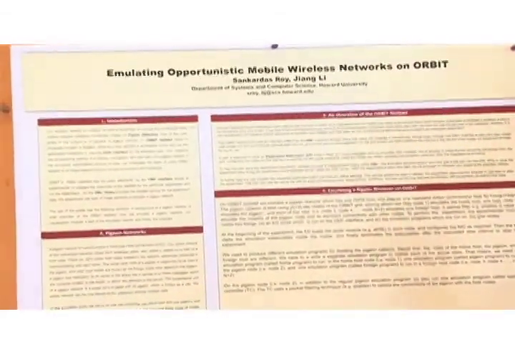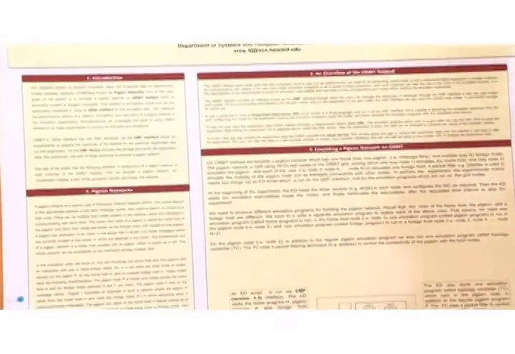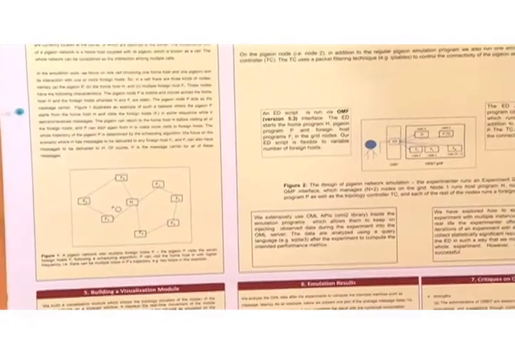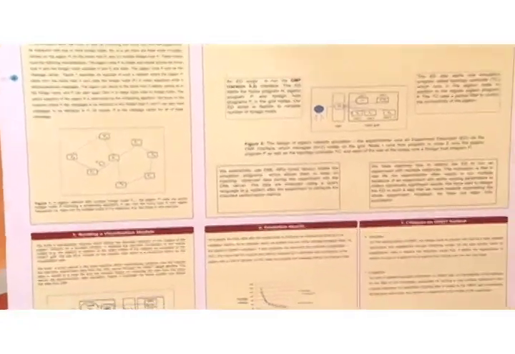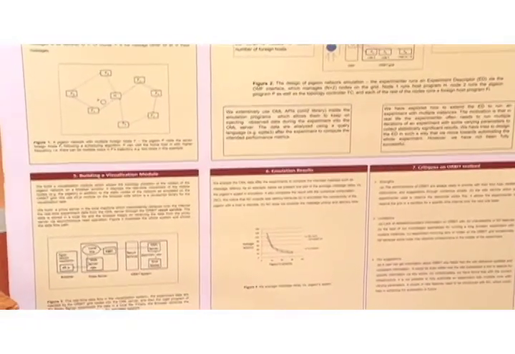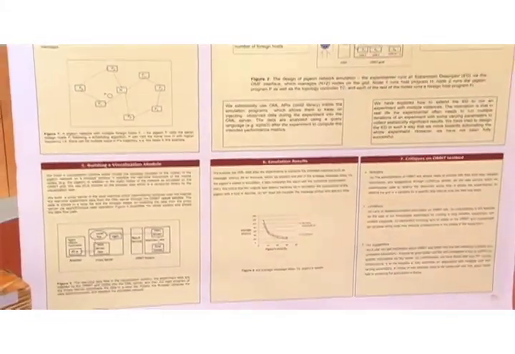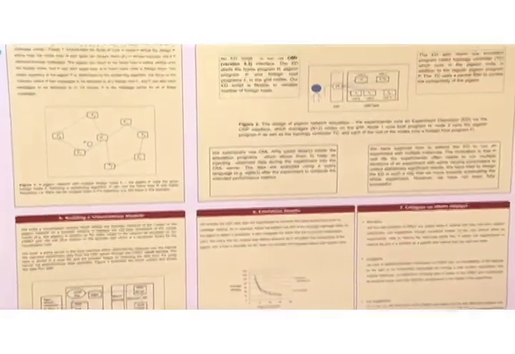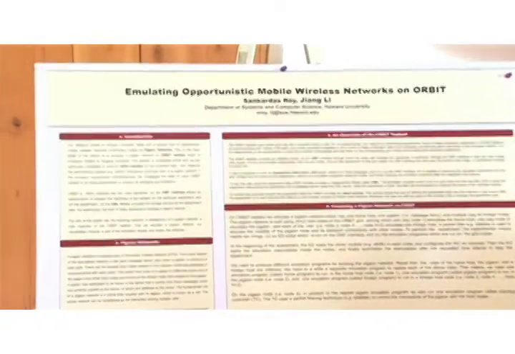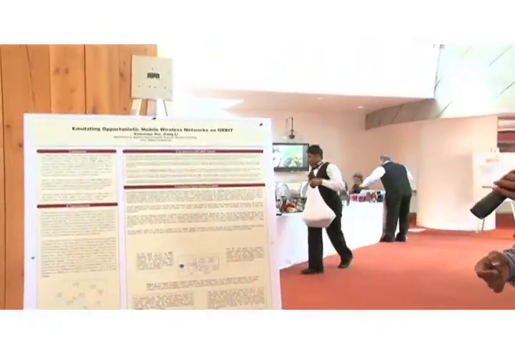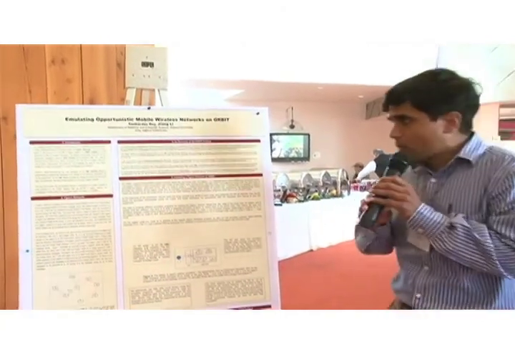There is a concept called writing the experiment descriptor. So the experimenter basically writes down a script to describe his experiment, and then that script is run on the ORBIT testbed using the OMF interface. And ORBIT testbed also provides two important services. One is the measurement service called OML, and another one is the result service. We use both of these services in our experiment.